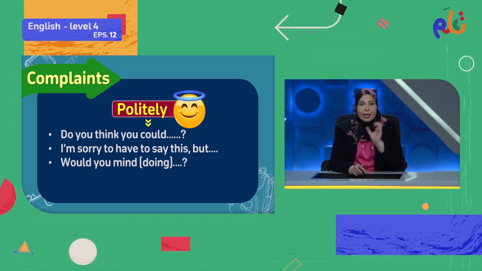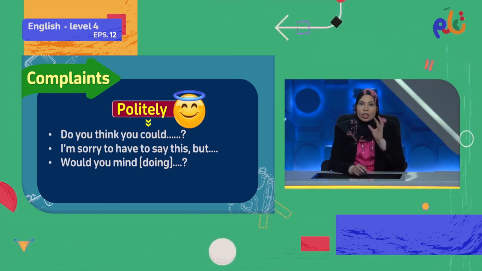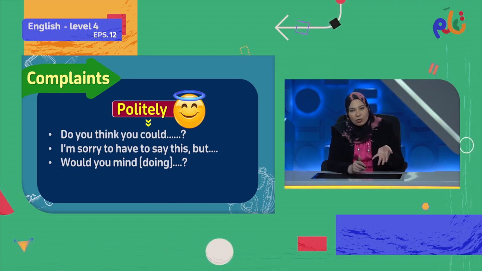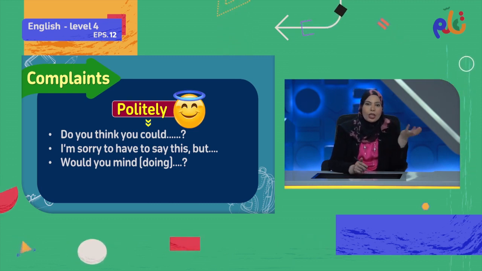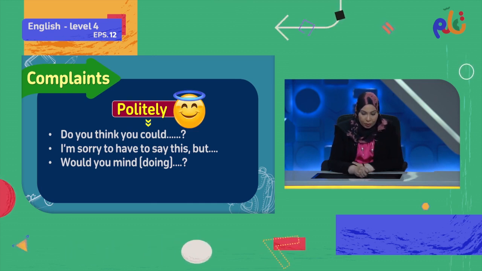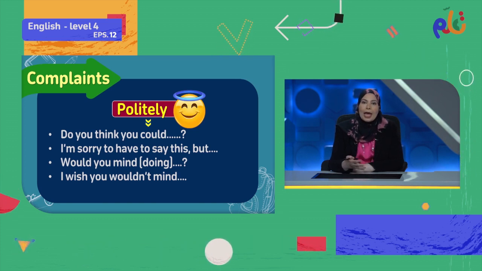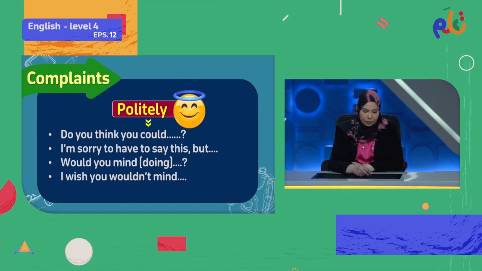Would you mind? And then verb and ing, it's a gerund. So, would you mind changing this soup for me? Would you mind exchanging this mobile for me? I wish you wouldn't mind, and then we're still talking about a gerund. I wish you wouldn't mind helping me with this problem.